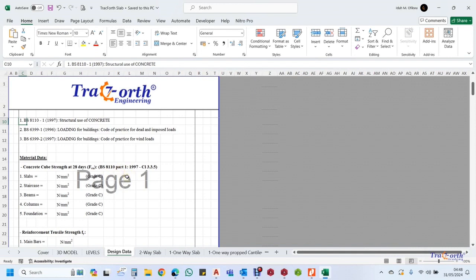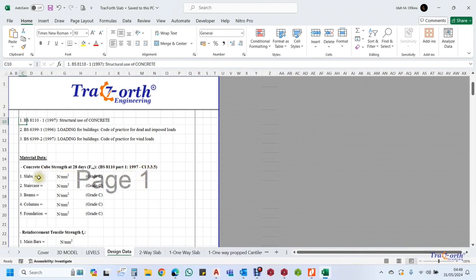Due to copyright issues, I may not be displaying some of these values here, but you can contact us to guide you on how you can get copies. So now, in selection of the material data, we are going to be stating the part of the clause as much as possible, and that's why I said when you have the copy, you can check out the clause that covers this.